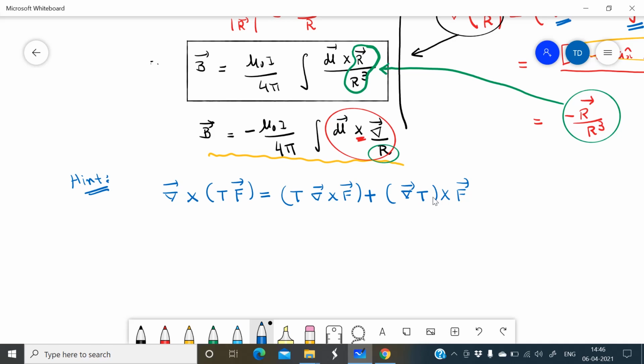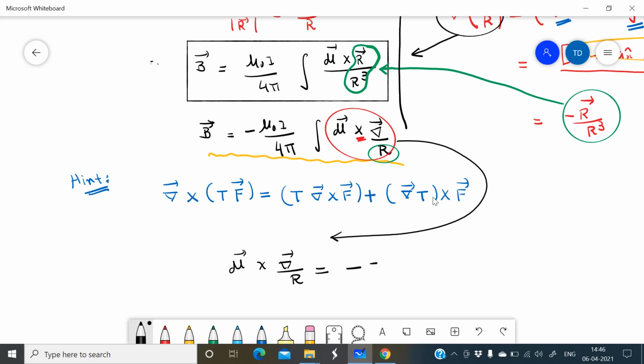We have to apply the same identity in our case. So we can write dl cross del of 1 by r as equal to minus del cross (dl by r).